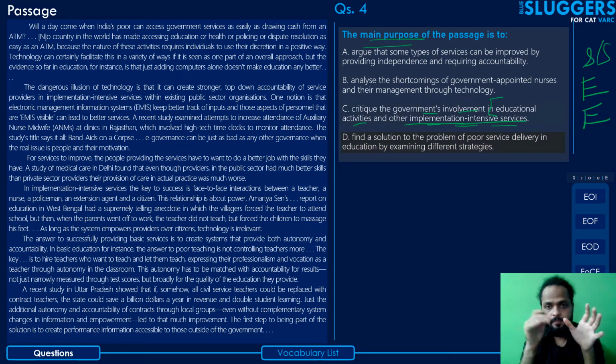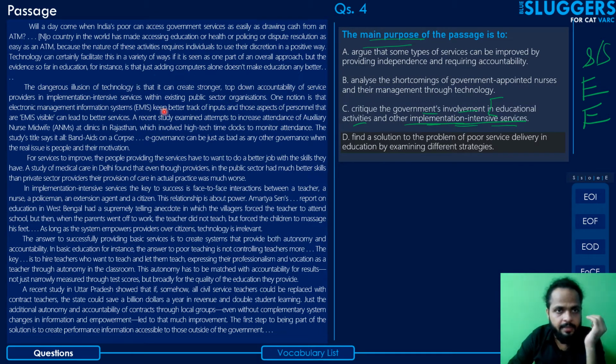Option D: find a solution to the problem of poor service delivery in education by examining different strategies. Now, once again, guys, the discussion has been about all sorts of implementation oriented services, right?